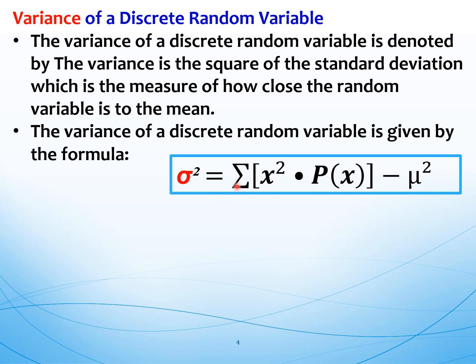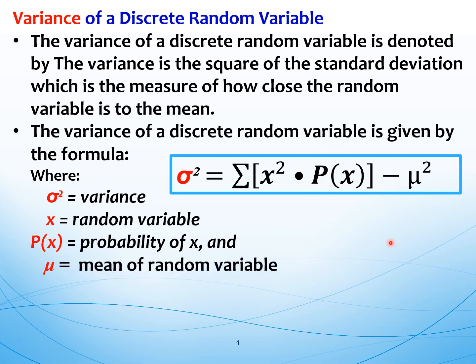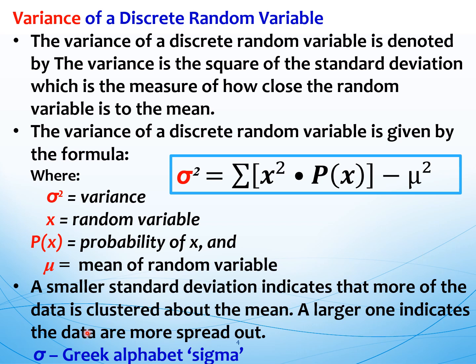Variance is equal to the summation of x squared multiplied by the probability of x, minus the square of the mean, where this is the variance, x is the random variable, p of x is the probability of x, and mu is the mean of the random variable.